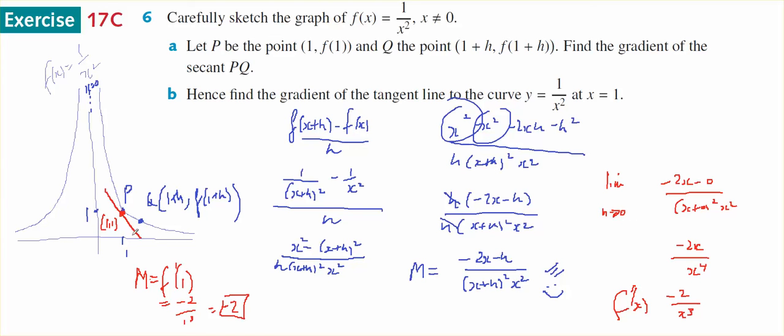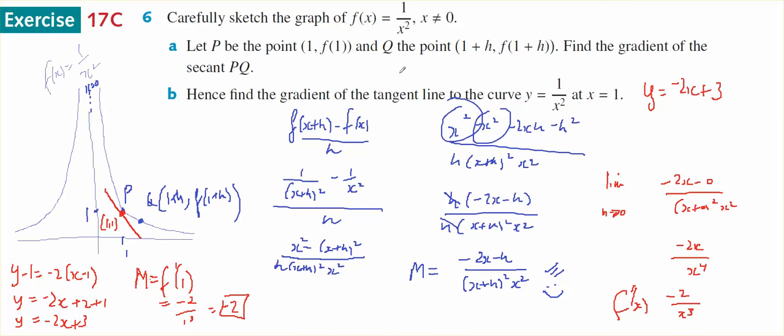So the gradient of my line is -2 and it has the point (1, 1), therefore y - 1 = -2(x - 1), y = -2x + 2 + 1, y = -2x + 3. So the equation of my tangent at x = 1 is y = -2x + 3.